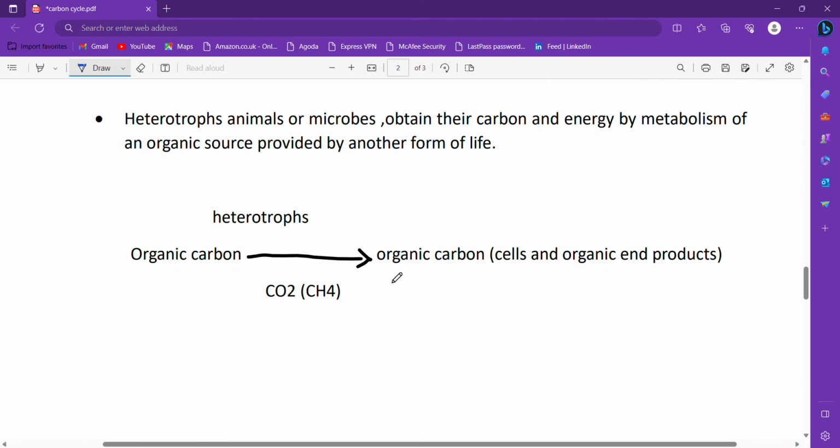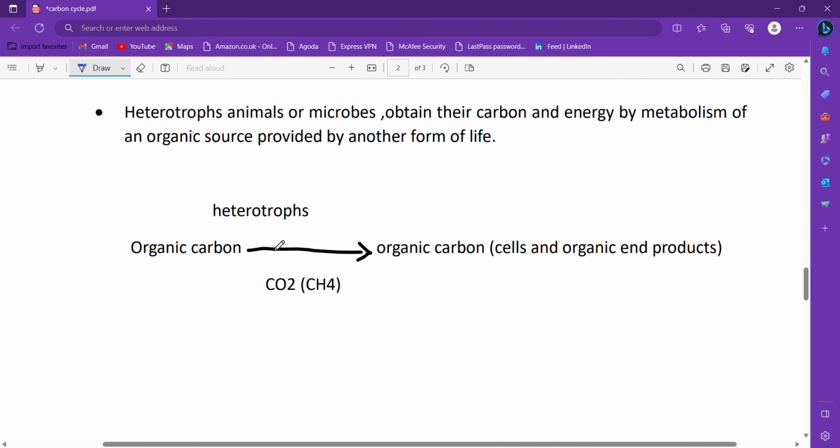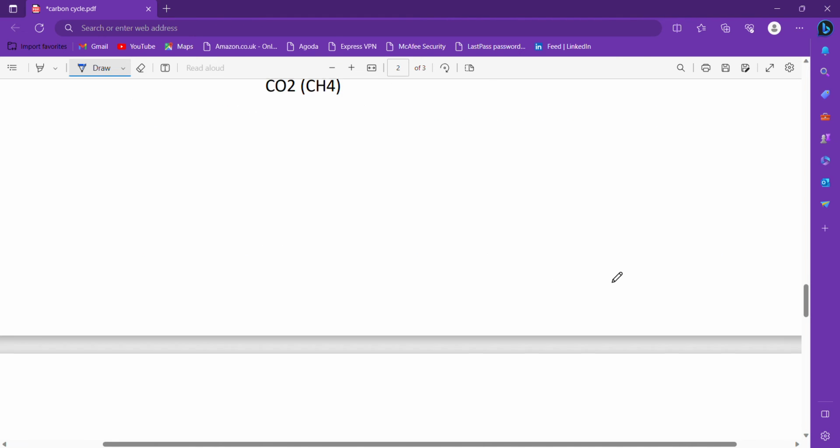And here you can see organic carbon is used by heterotrophs, and in the presence of carbon dioxide and methane, it is converted into organic carbon, and the cells and organic end products are the basic step here.